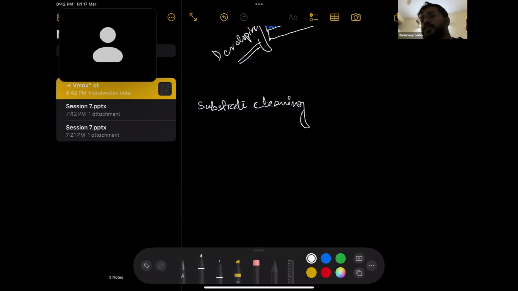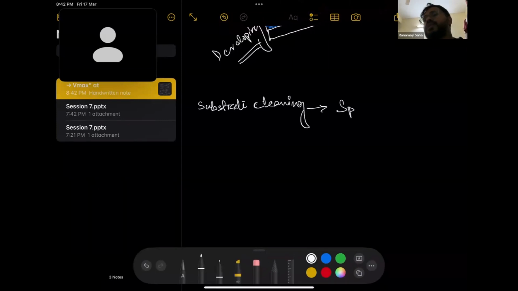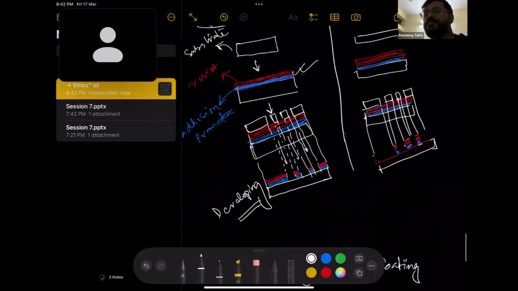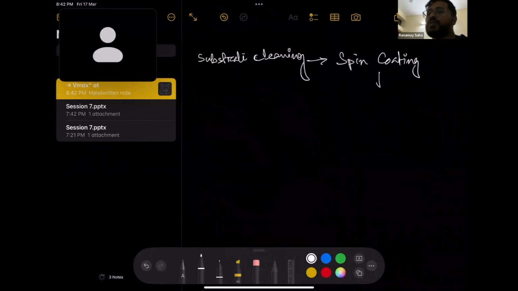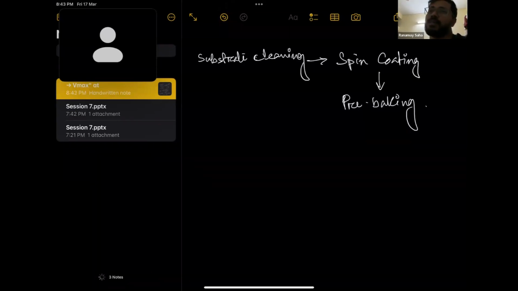Things like piranha solutions are used to do the cleaning perfectly, and once that is done, you go for spin coating. Spin coating is the process by which you coat the substrate with a desired thickness of photoresist layer, which we have just explained here. After spin coating, you do the pre-baking of the resist layer, which makes the resist actually photosensitive.